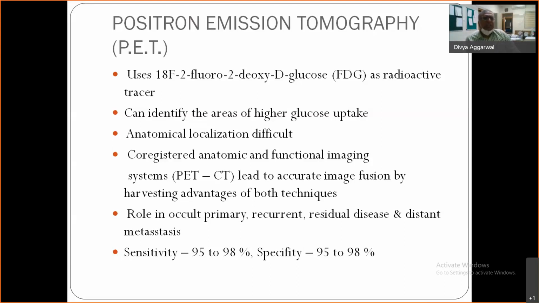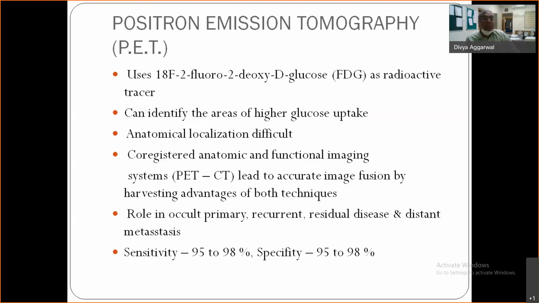And you can have a fair amount of idea whether that area has got some nodal mets or whether there is a cancerous area. So earlier PET was done solo, but nowadays we co-register the anatomical and functional imaging system, and a PET CT is done.